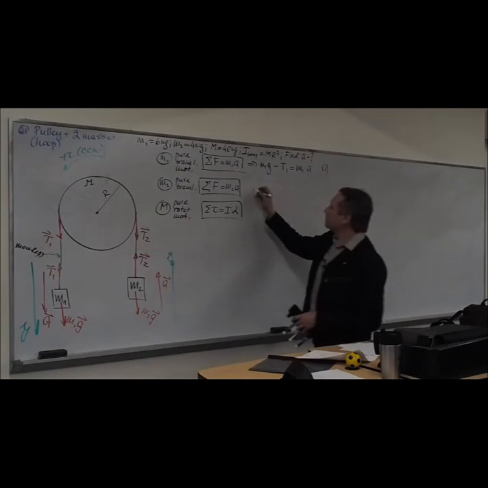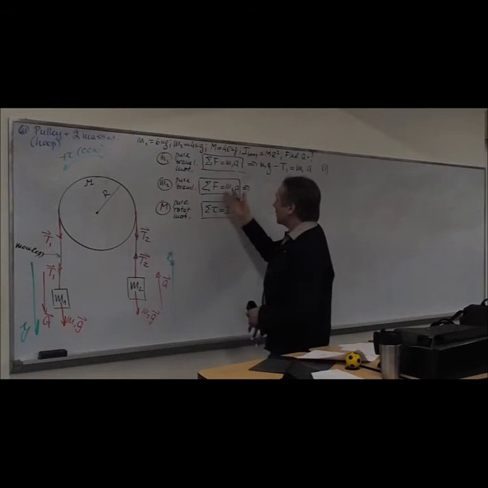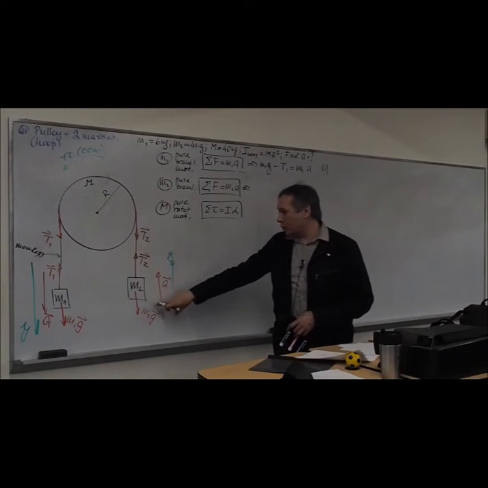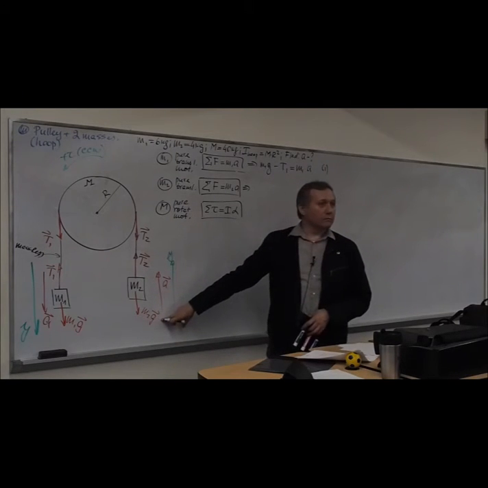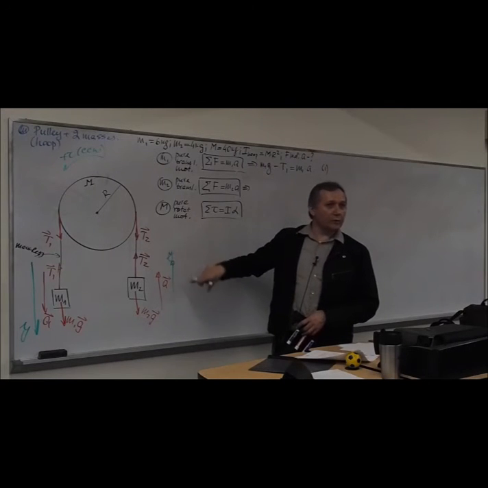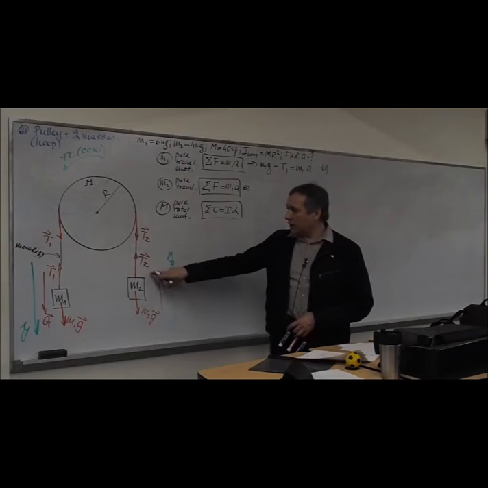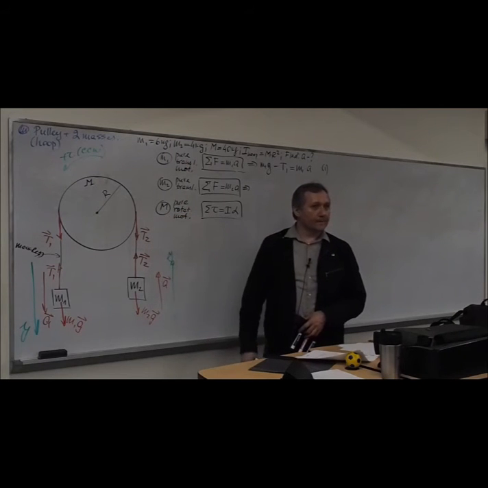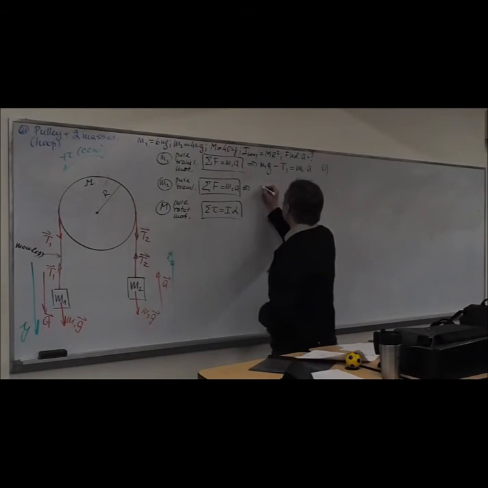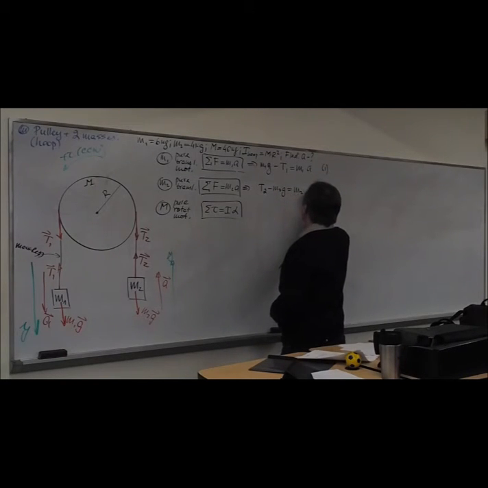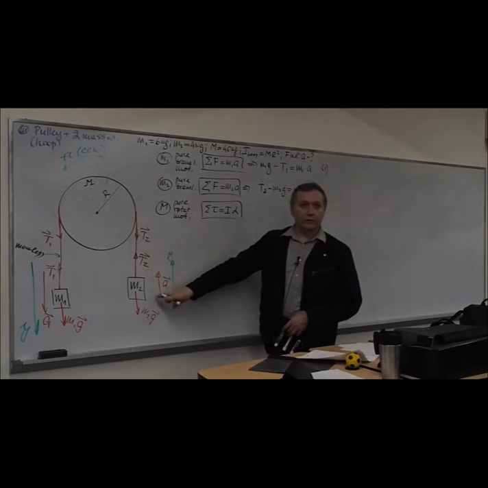Now the second one. Now M2G is negative, right? The y-axis is upward for this object, and T2 now is positive. So the second equation will be T sub 2 minus M2G equals the second mass times acceleration. Again, acceleration is positive.